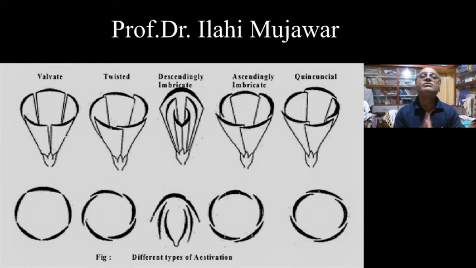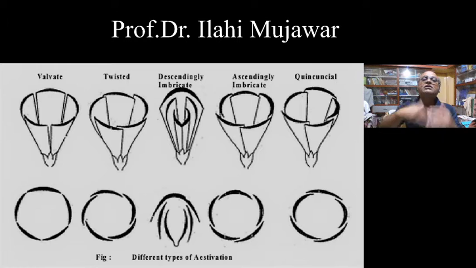Second one is twisted. Twisted means twist, just like twisting of a cloth after rain, rinsing out the water. During the twisting, one part is overlapped on the other, which is again overlapped on the next one in this way.